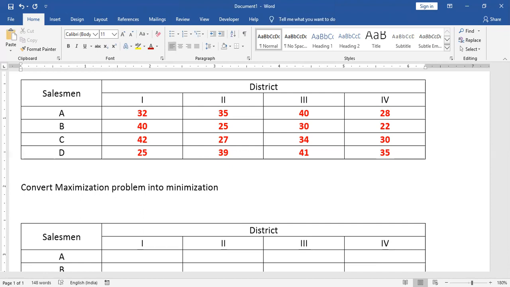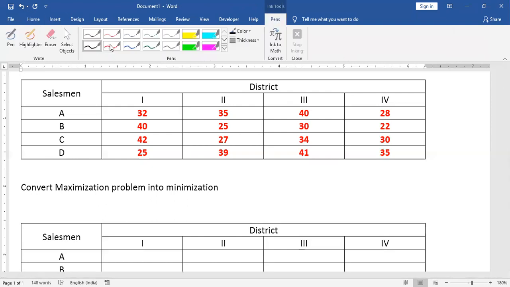How? First, we identify the maximum value of the table. The maximum value of the table is 42, if I'm not wrong, right? So the maximum value of the table is 42.